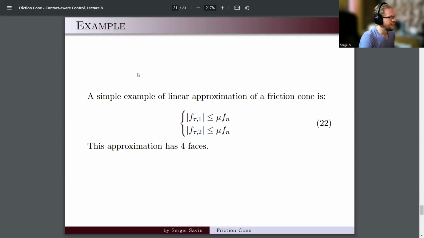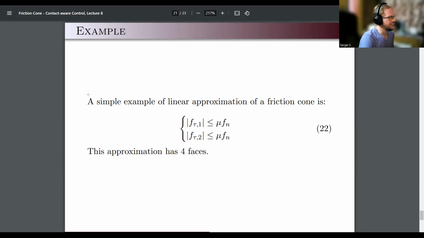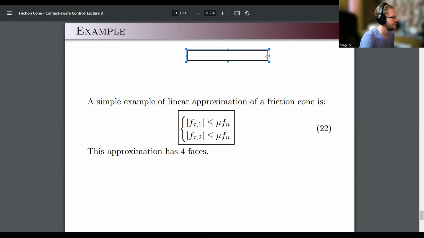Okay, now just one final example. So we could do all of this in an almost high school manner, where I would say, okay, let's approximate the friction cone by this expression. What is it? Well, this is essentially a square.